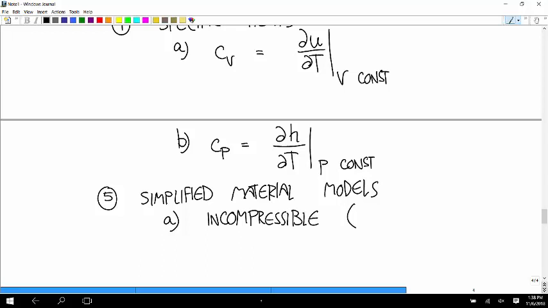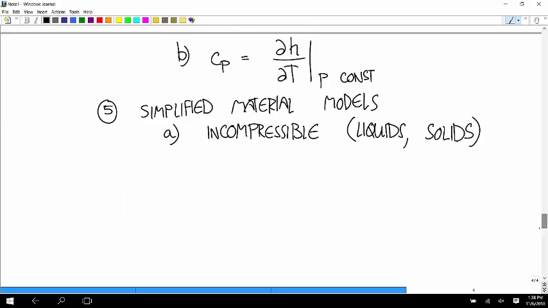This is never really relevant for gases, but you use it for liquids and solids. Liquids are more important to us. And in the incompressible model, we assume that the specific volume is a constant.